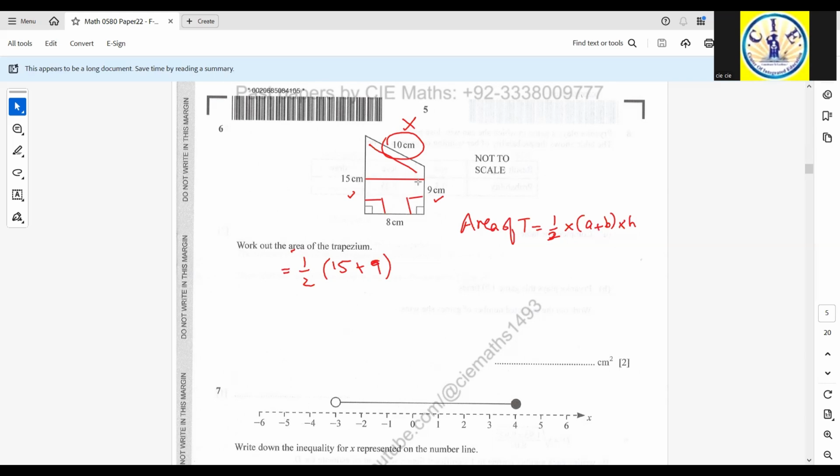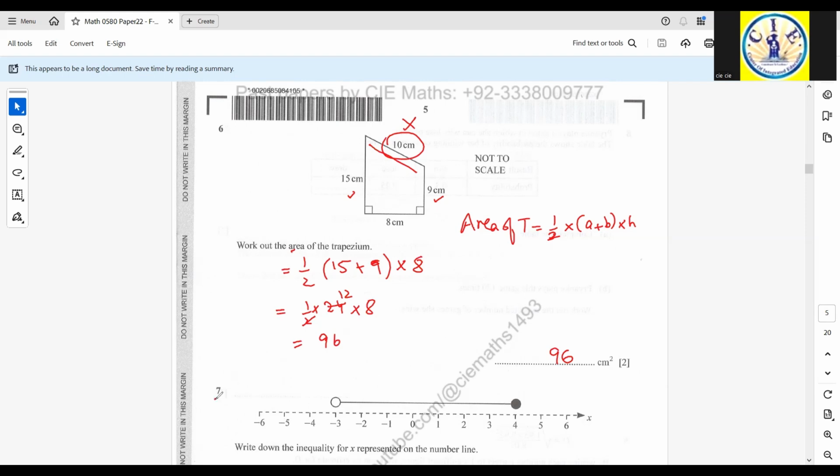So I'm going to replace it with 8 for this. So this is 24 times 8, 12, and 12 eights are 96. So 96 centimeters squared is the area of this trapezium.